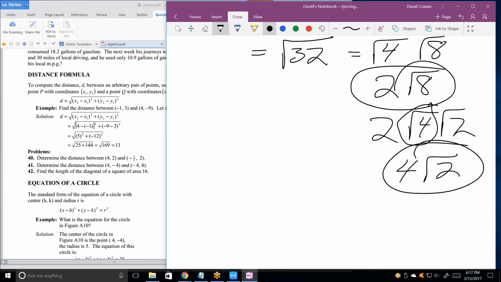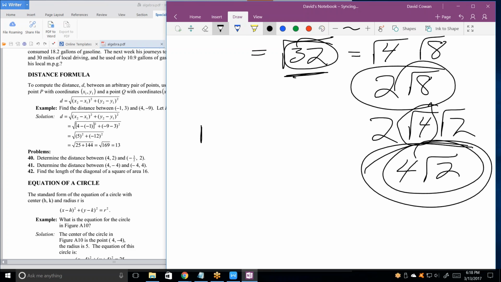The most efficient way is to find the greatest perfect square factor. 16 was greater than 4. So I was able to do the problem in one step using 16. Whereas when I used 4, I had to do 3 steps to get it to the correct answer. You still can do it, it's just a little lengthier. So you save yourself steps if you figure out what the greatest perfect square factor is of this number.